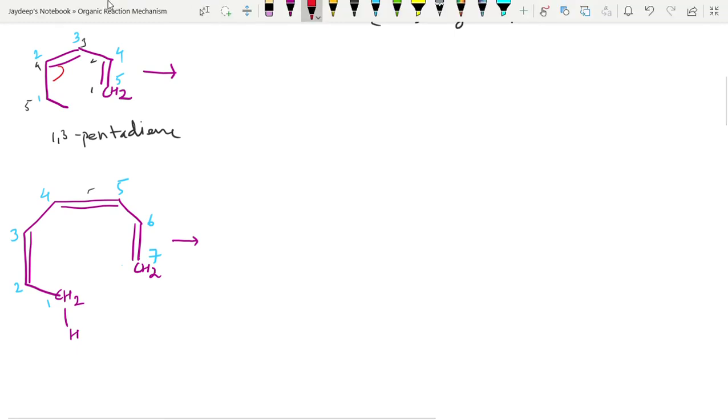Now the hydrogen which is at position 1 will migrate to the fifth position, and the bond will migrate like that. Due to this migration, this molecule forms a 6-member transition state.